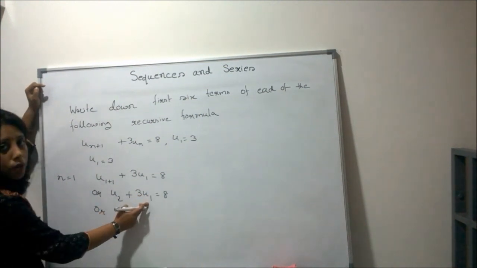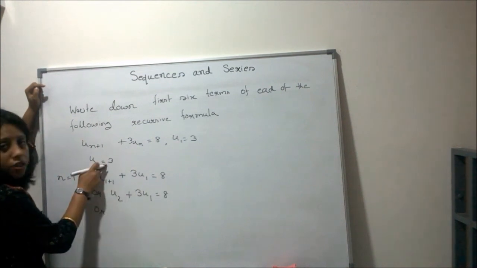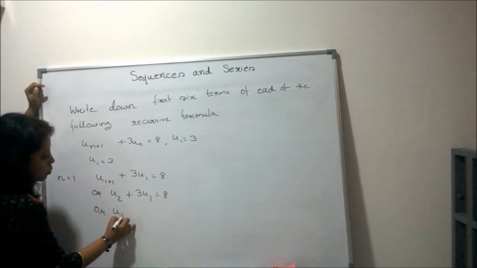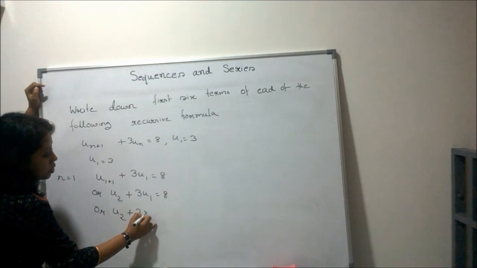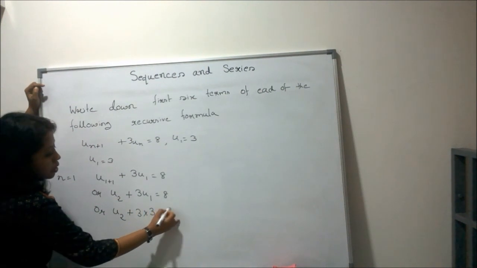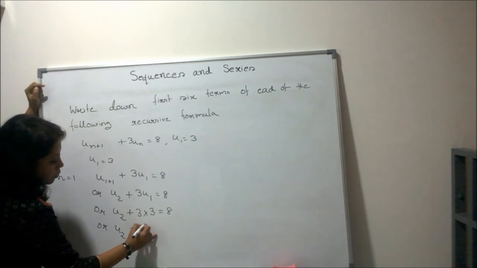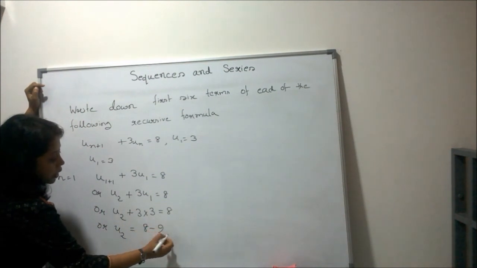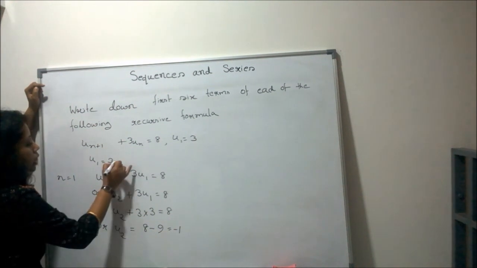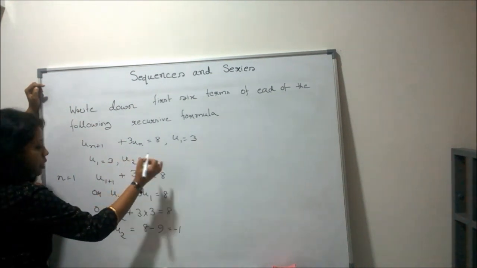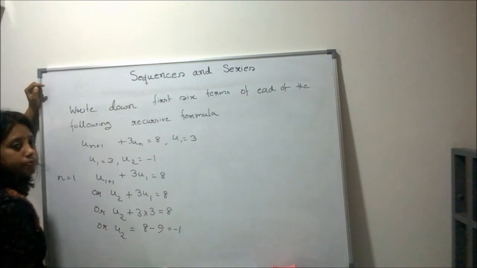We know the value of u1, which is 3. So u2 + 3 into 3 is equal to 8. So u2 is equal to 8 minus 9, that is minus 1. So we have got u2 is minus 1.